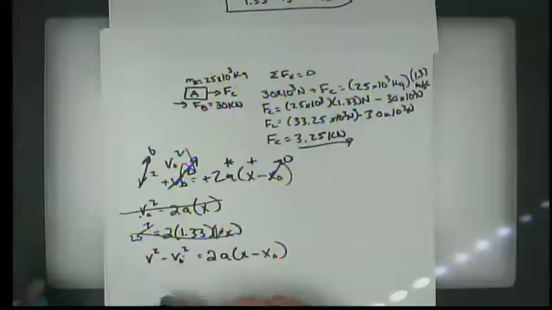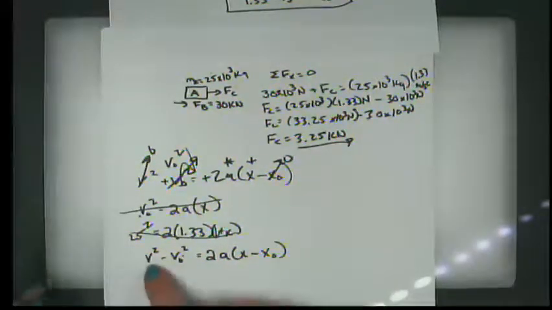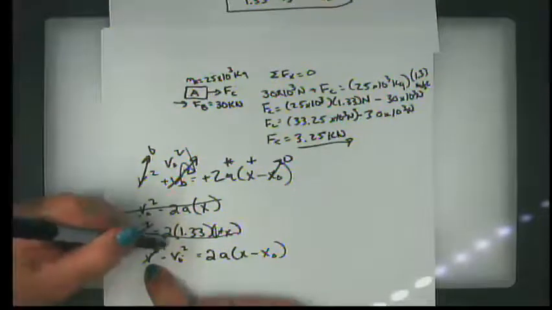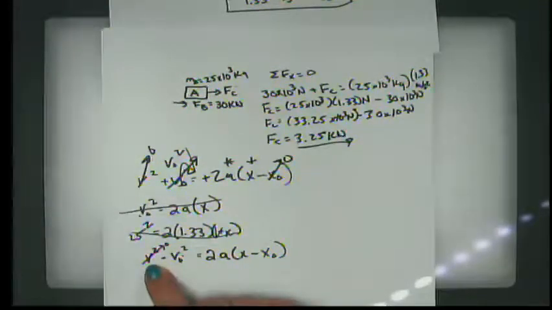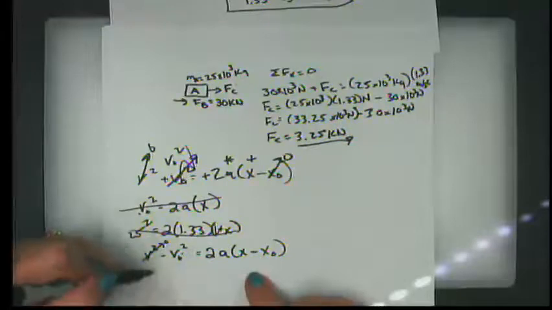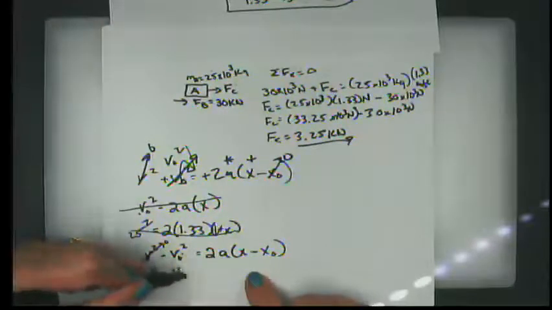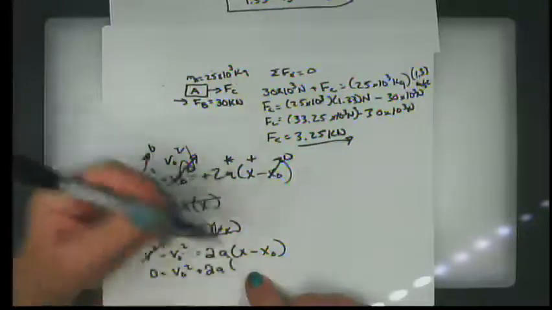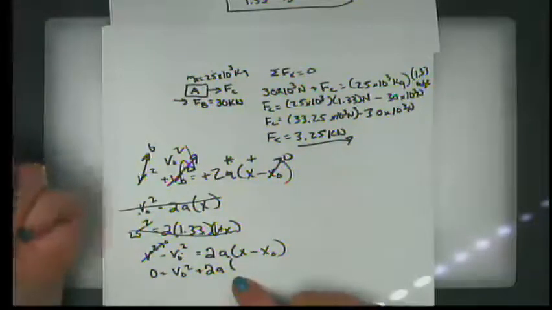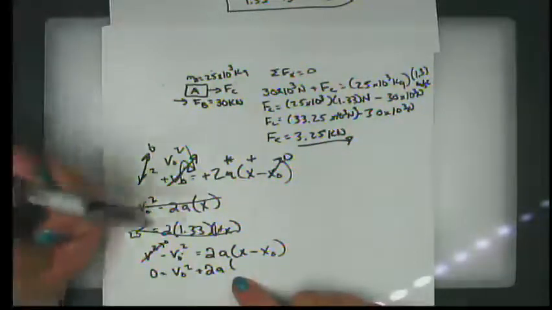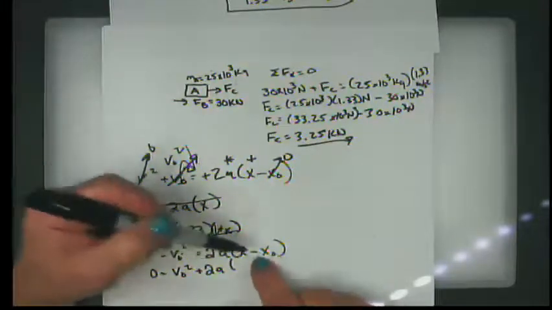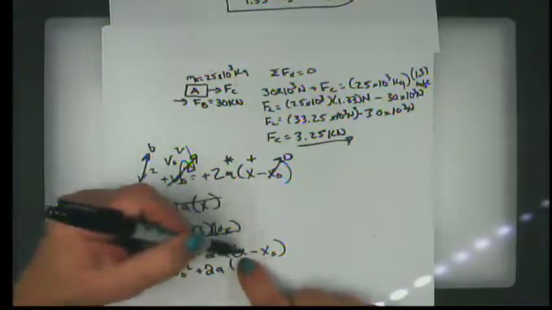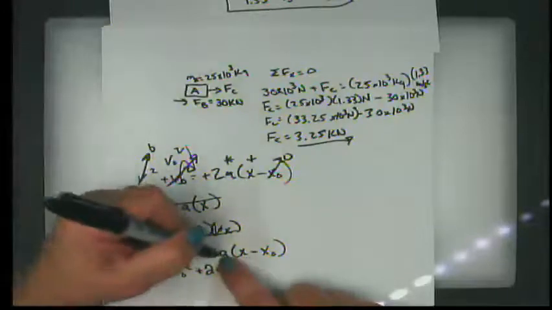I'm going to do it like a mathematician this time. So my final velocity in this analysis is equal to 0. So when this comes over, it comes over as a positive. And this is where I have to think about, if I consider this to be positive, then this is going to be negative.